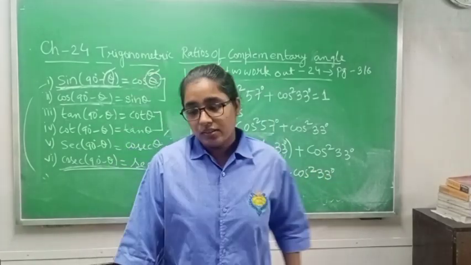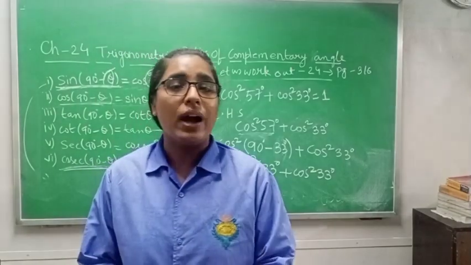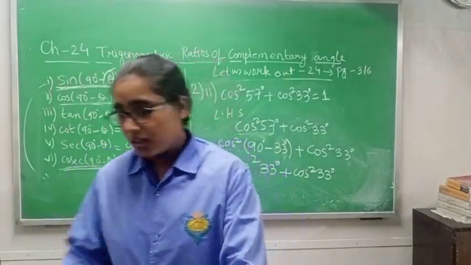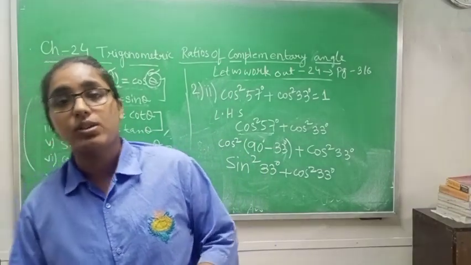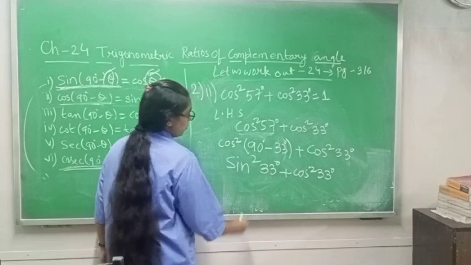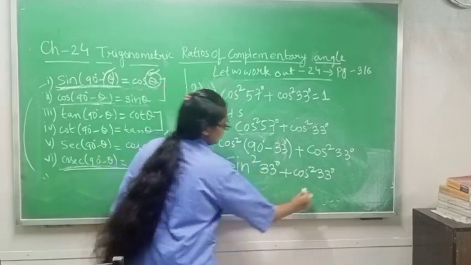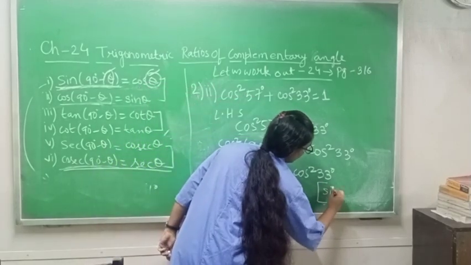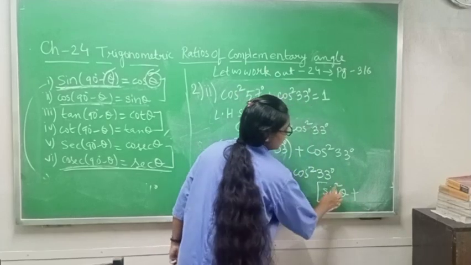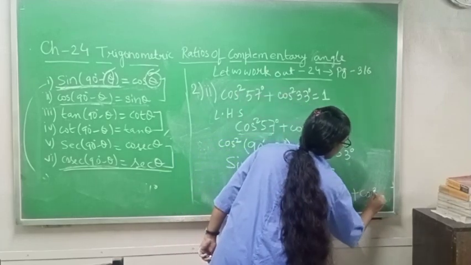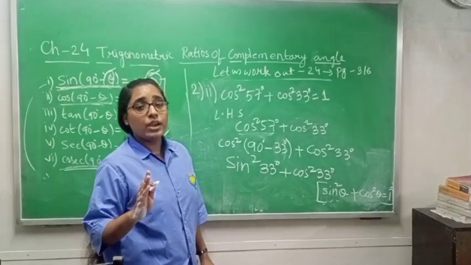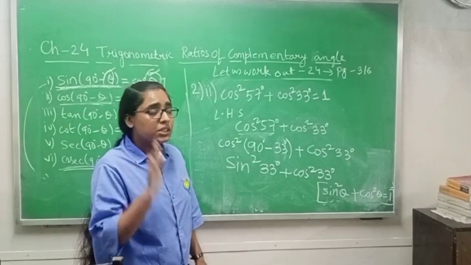Now in chapter 23 you have done one formula which is sin square theta plus cos square theta equals 1. Do you remember this one? Sin square theta plus cos square theta equals 1. In which chapter? Chapter 23.